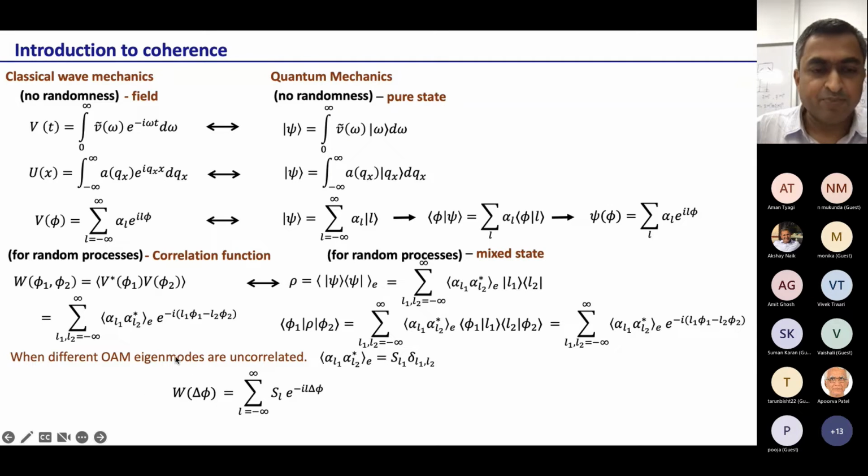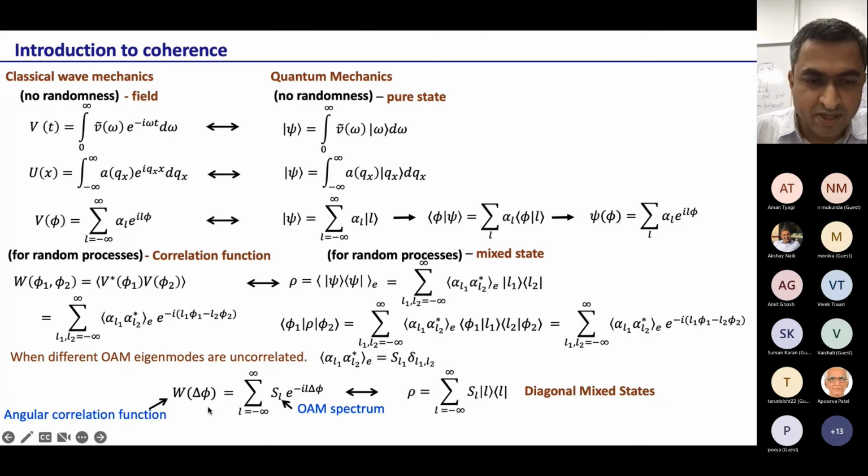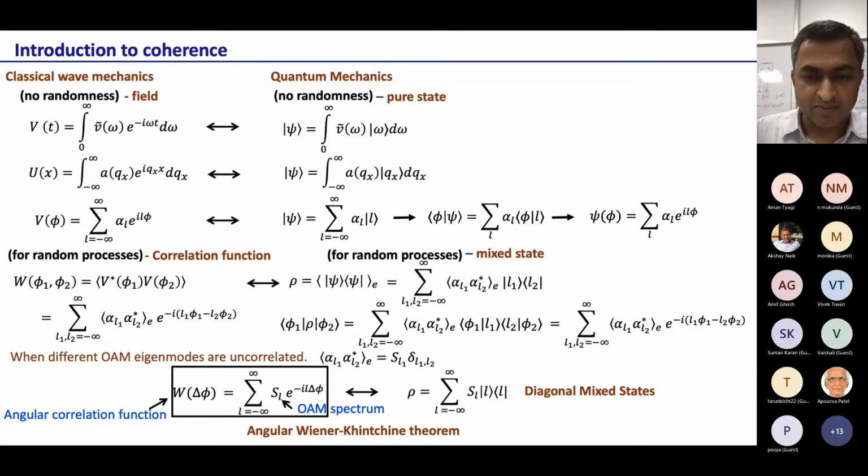What we find is that when the OAM modes are uncorrelated, the correlation function has this simple form. The analogous situation in quantum mechanics is that rho becomes a diagonal mixed state. We call this the angular correlation function, and we call this the OAM spectrum, the orbital angular momentum spectrum. This whole thing is called the angular Wiener-Khinchin theorem.